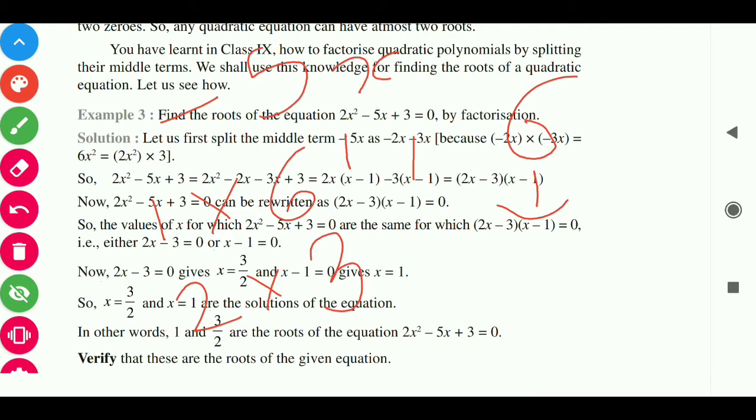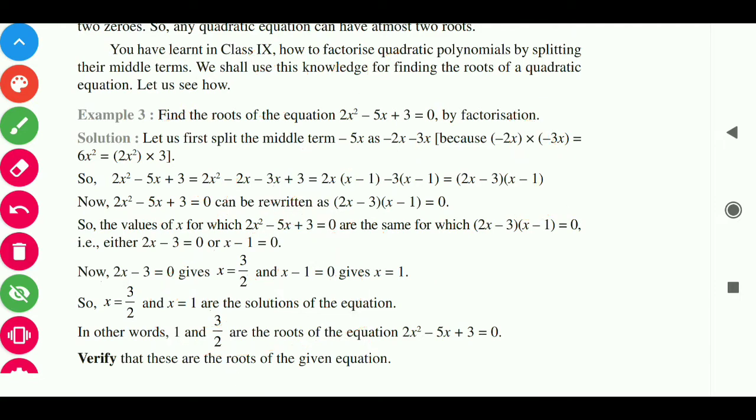Now adding or subtracting the factors, if we get 5, then we need to use those. So 2 plus 3 will be 5. So we are going to use these two factors of 6 to split the middle term. Since we need to adjust the signs, we have 2x square in the beginning and minus 5x in the middle.